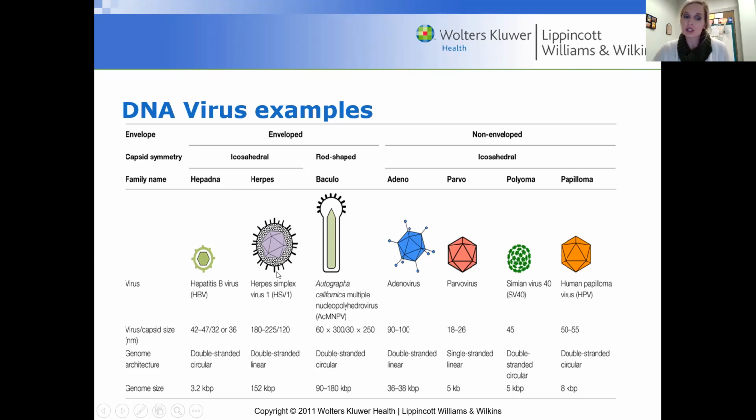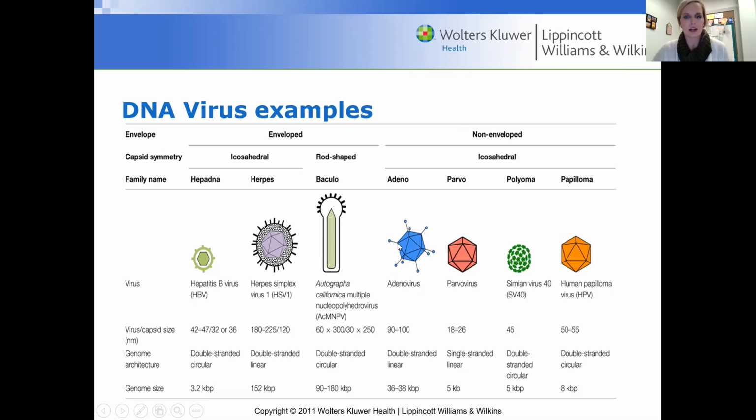Herpes virus, there are different types of herpes viruses. Herpes simplex virus looks like this. You can see the capsid falls into that same icosahedral shape. It is also enveloped. Here's a rod-shaped type of virus. These are also icosahedral viruses, but they are non-enveloped.